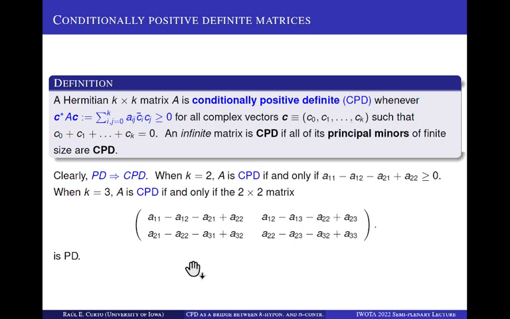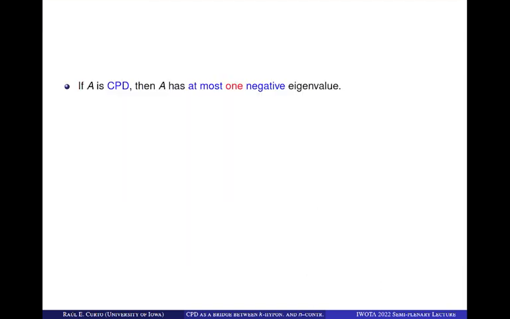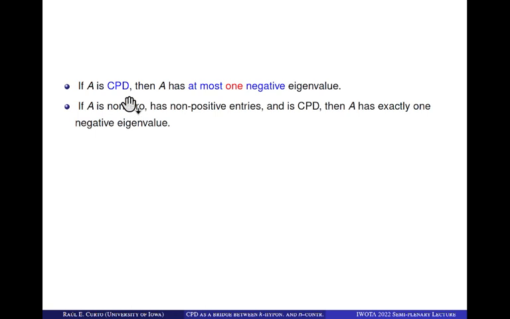And this is a general result. To check CPD, you can take a transformation into a matrix of one size lower and check whether that is positive definite. So CPD has at most one negative eigenvalue. If A is non-zero, has non-positive entries, and is CPD, then A has exactly one negative eigenvalue.